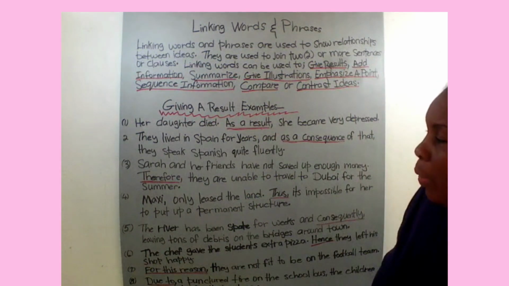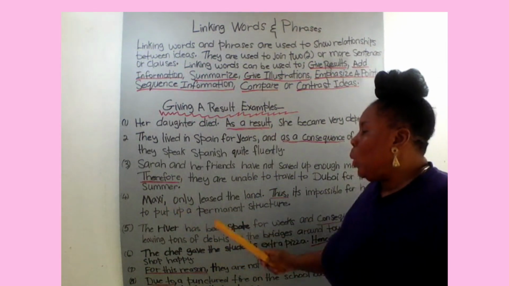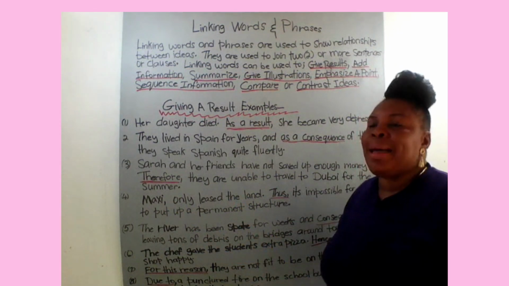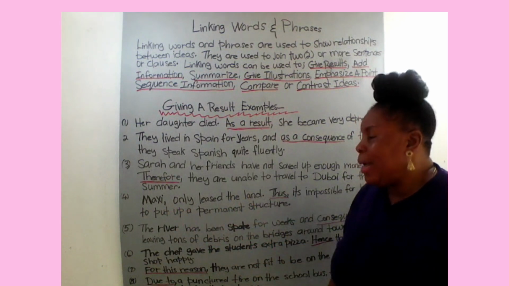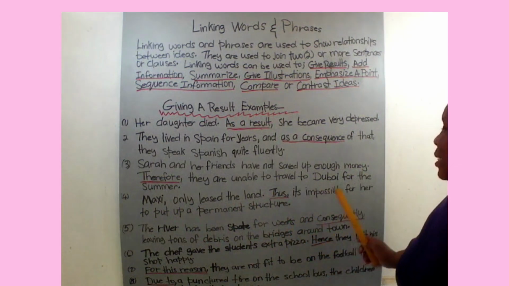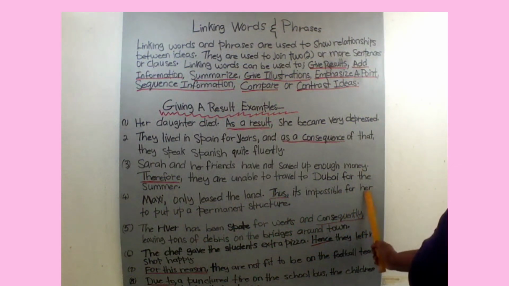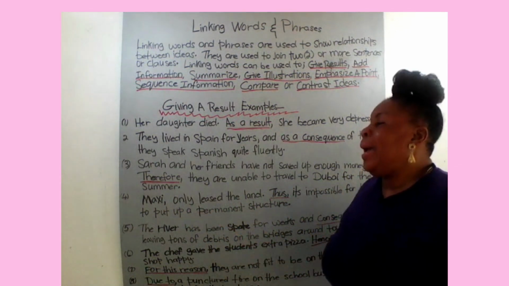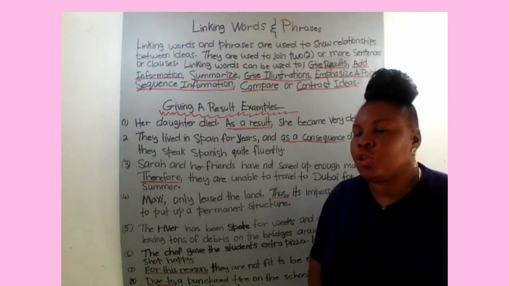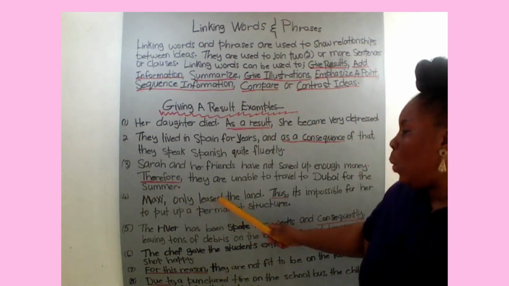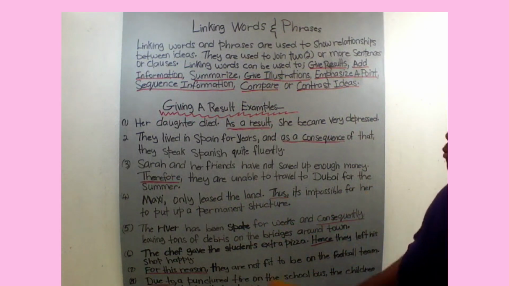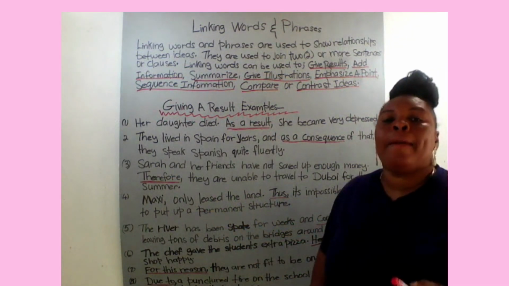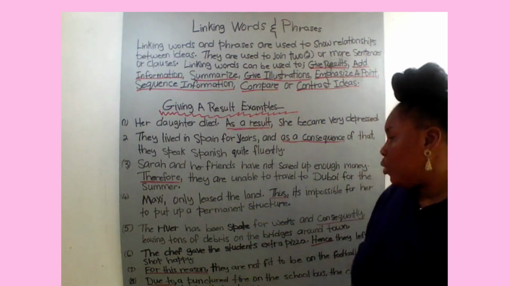Now let's see number 4. Maxie only leased the land. Maxie is the name of a person. Thus, it's impossible for her to put up a permanent structure.